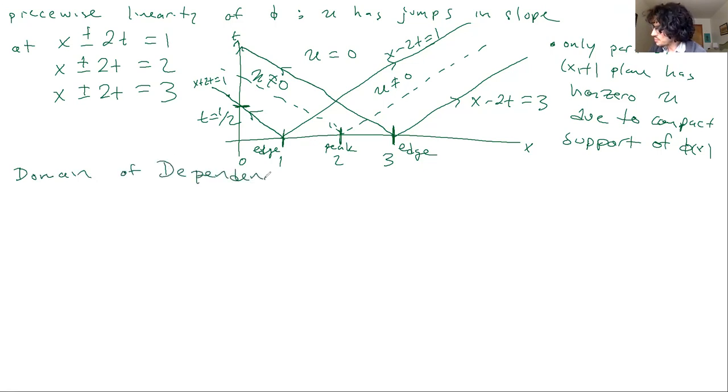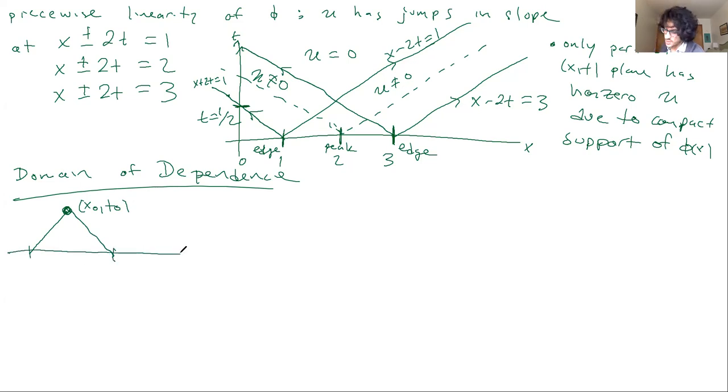And this brings up the notion of the domain of dependence of a particular point in your space. The idea with the domain of dependence is that you're looking at some point in the plane, and you want to know what's the region in your xt space that determines the value of your solution at that point in the wave equation.